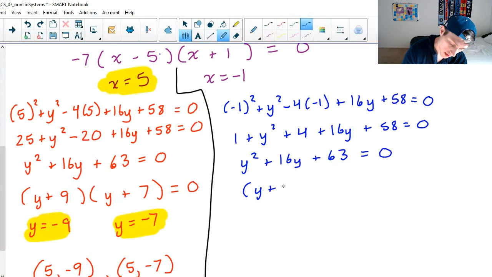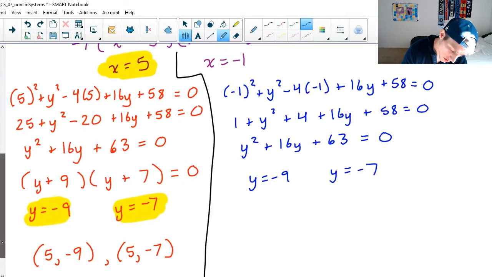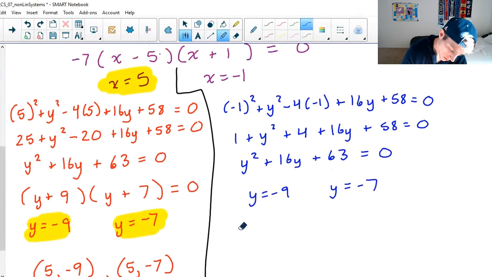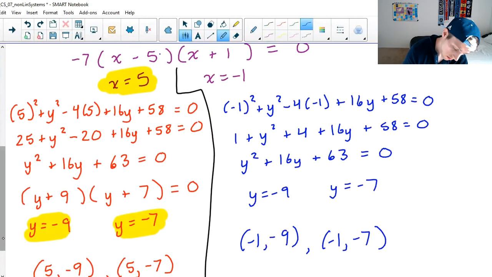Okay, so we got down to our same factoring. So again, I'll say y equals negative 9, y equals negative 7. So another 2 points: if I plug in negative 1, one thing I'll get is negative 9, and the other thing I'll get if I plug in negative 1 is negative 7.